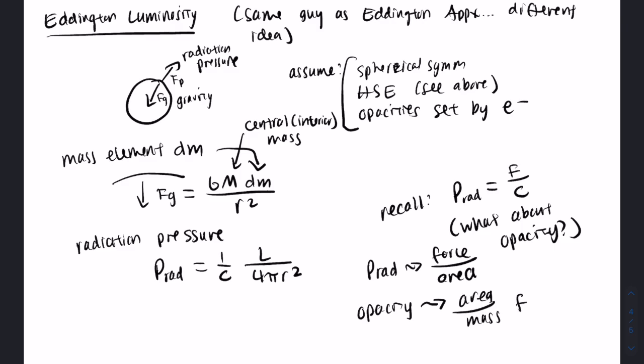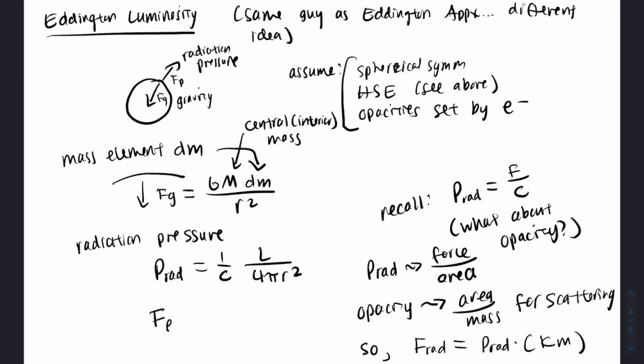So this was our second definition of opacity, the mass opacity. And in this scenario, we're thinking only about scattering. So this means that the force due to radiation on our mass element is going to be the radiation pressure times our opacity kappa times m, our mass of a scattering object.